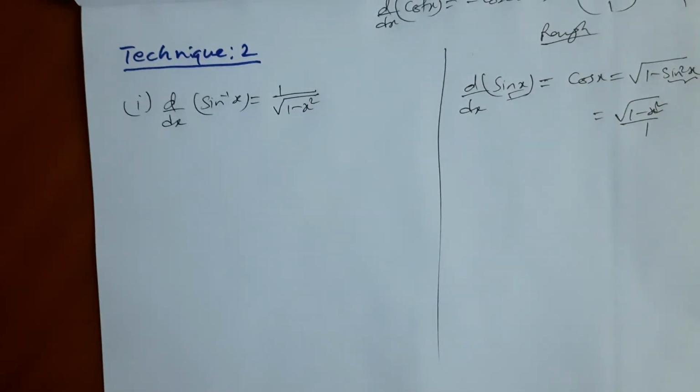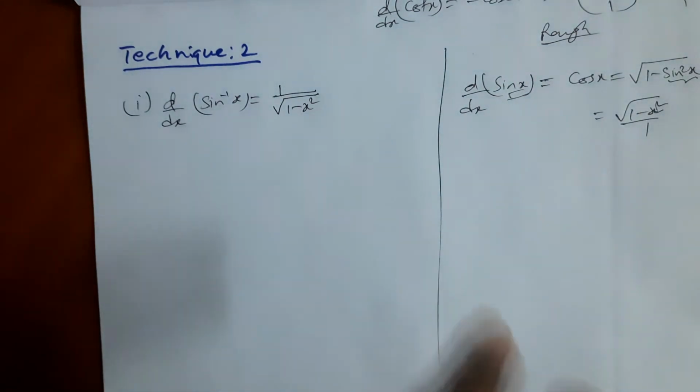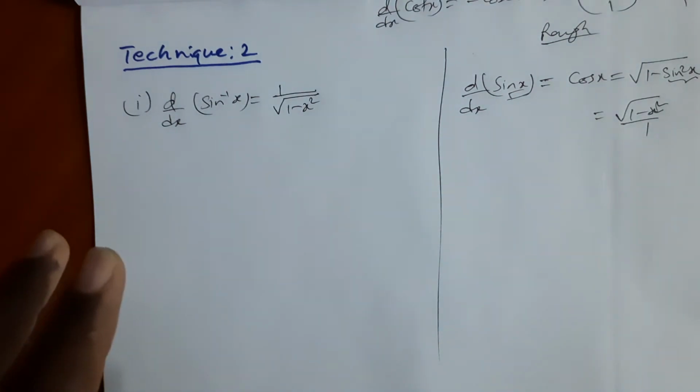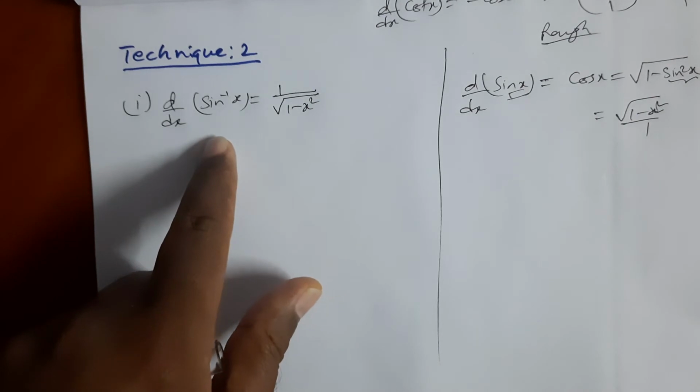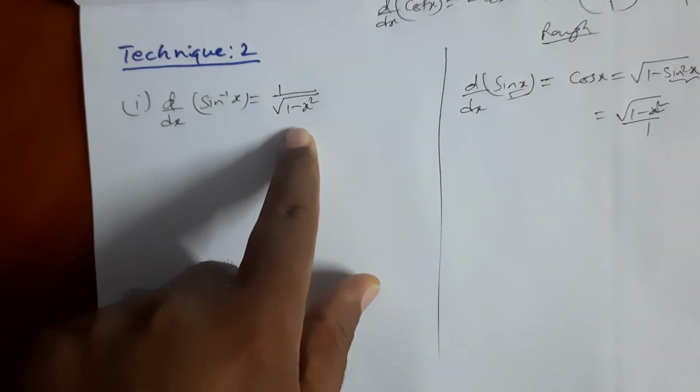If we practice this a few times, then there will automatically be processing in our mind, and we can find this formula by mental calculation.